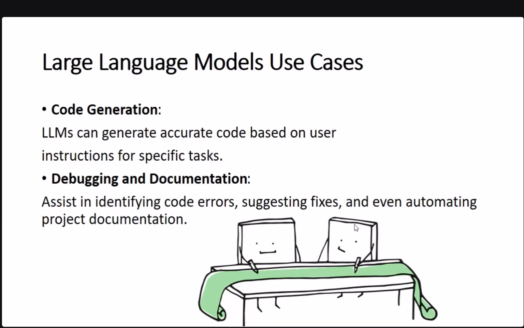In this scenario, we are talking about code generation. LLMs can generate accurate code based on user instructions for specific tasks. This is very helpful for developers, because developers face a lot of challenges in writing code for UI, for backend, or while debugging.